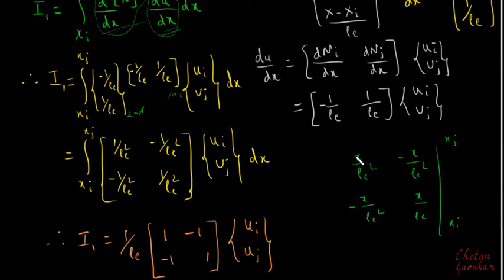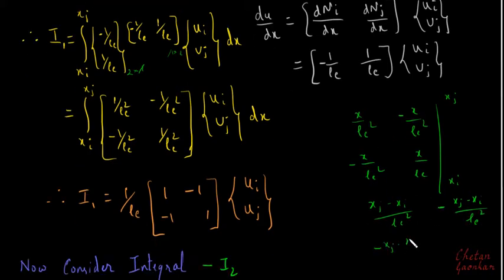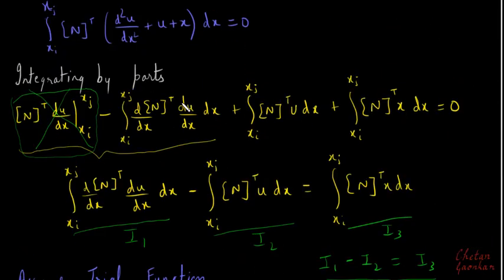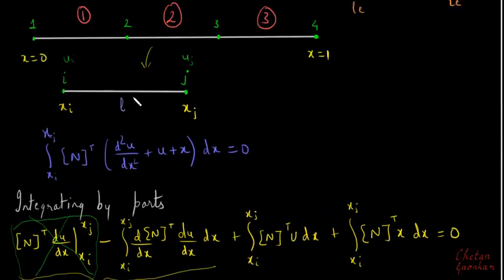And if I substitute this here, finally I will get this as xj minus xi by le square. This will be minus xj minus xi by le square, and then similarly this will be minus xj minus xi by le square, and this term will be xj minus xi by le square. And then further, if I substitute the value of xj minus xi, I know that xj minus xi is nothing but the length of this element le.